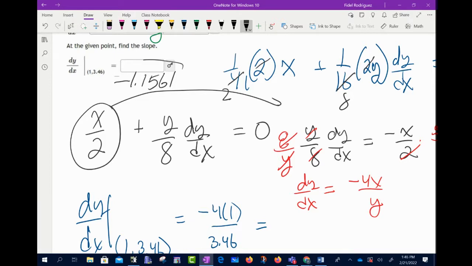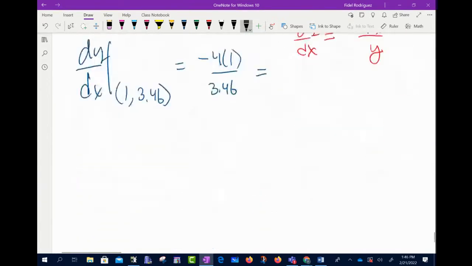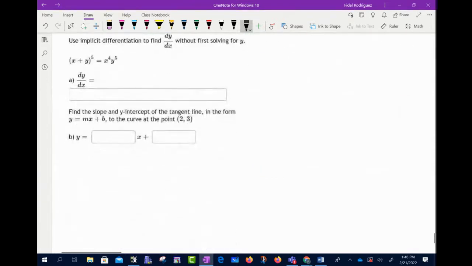Right there? When I divided it out? I think so.